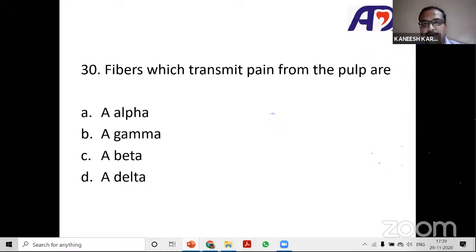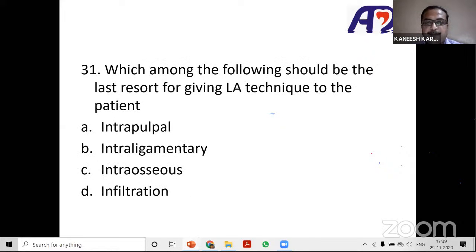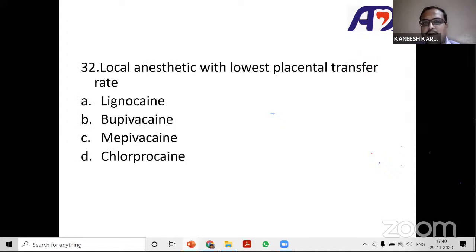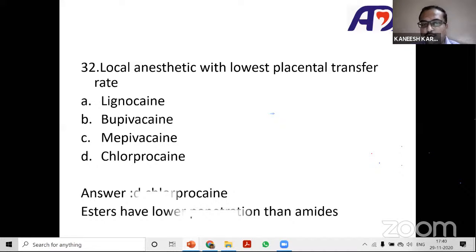Fibers which transmit pain from the pulp are A delta and C fibers. Which among the following should be the last resort for giving LA technique to the patient? Yes, it is intrapulpal. That should be the last resort, after you have tried everything, then you should access the intrapulpal. Local anesthetic with the lowest placental transfer is chlorprocaine.